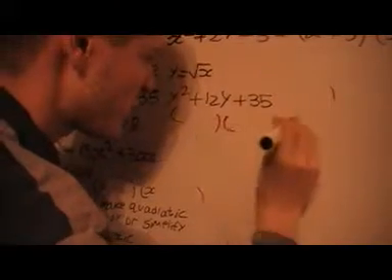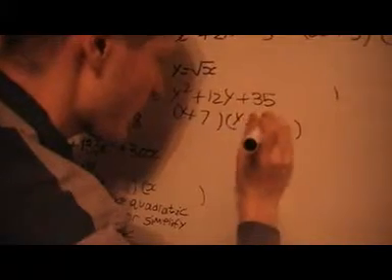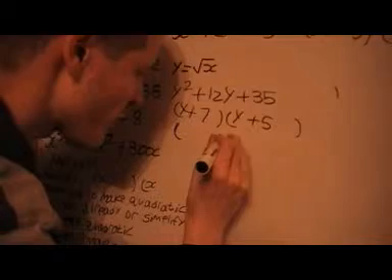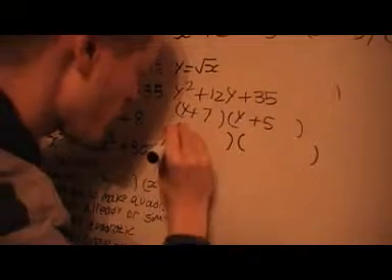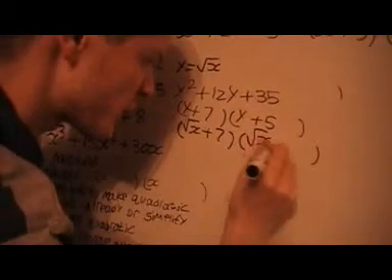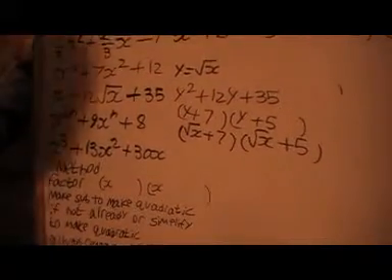Then I can factorise that. And then we'll put back what we had before. So square root x plus 7 and square root x plus 5. And that's going to be our answer for that problem there.